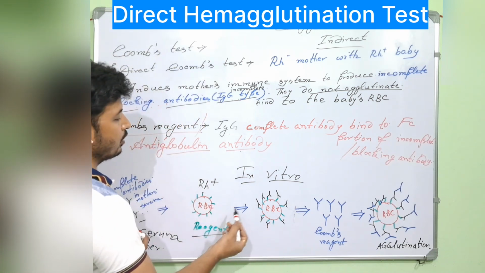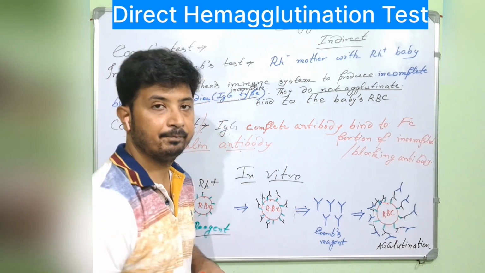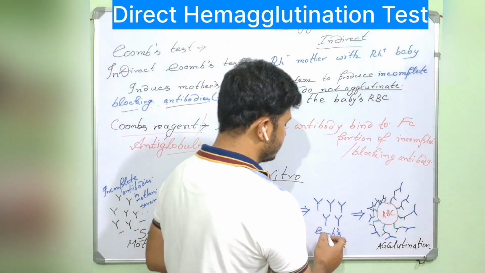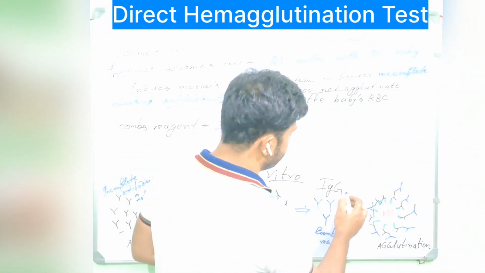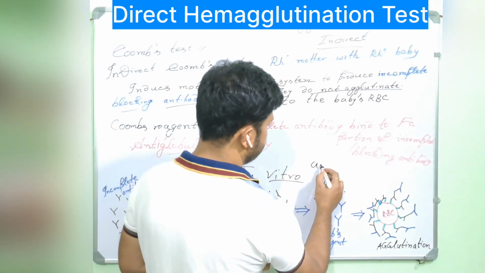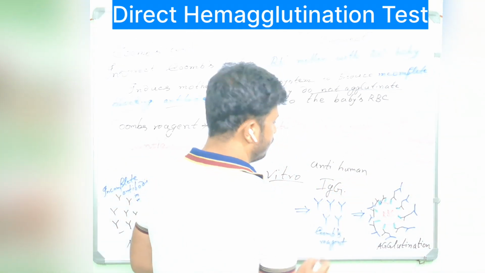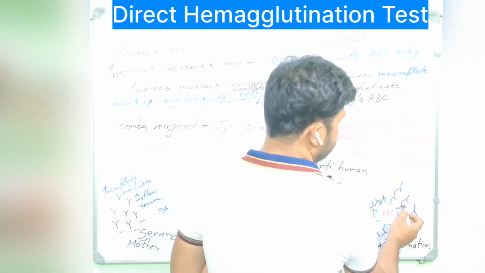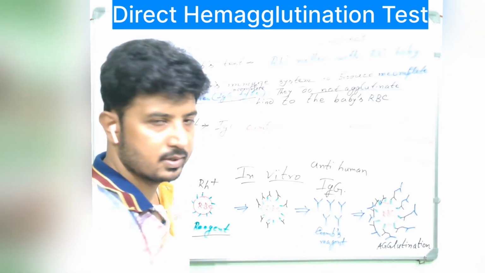The incomplete antibodies will bind to the Rh antigen present on the surface of the RBC, as we have seen earlier. Now we have to add the Coombs reagent, which is a complete IgG antibody, the anti-human IgG antibody. Now this IgG will bind to the incomplete IgGs, as I have shown you already in the last picture. So this will give you an agglutination reaction.